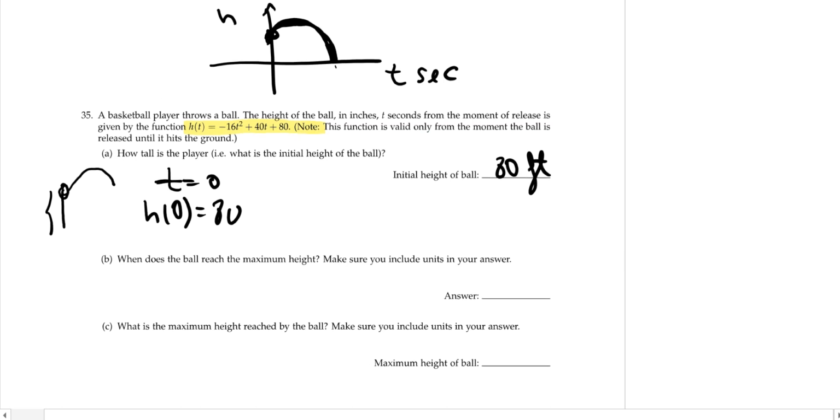When does the ball reach the maximum height? It means I gotta find this time right here when the maximum height is reached. H of 0 is 80. So this is the x coordinate of the vertex.